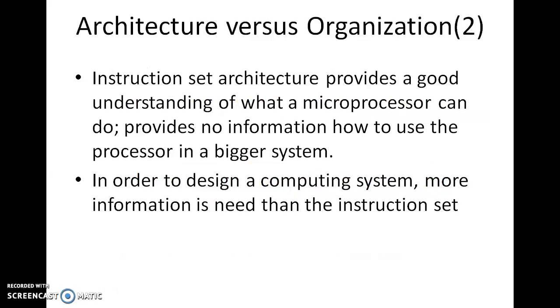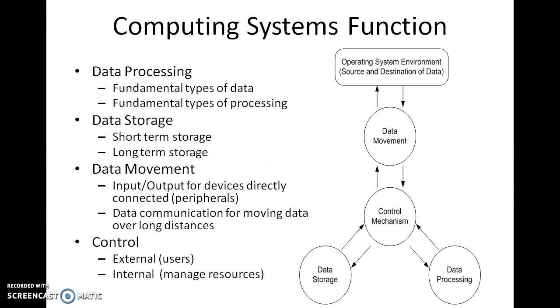Instruction set architecture provides a good idea of what a microprocessor can do, but provides no information on how to use the processor in a bigger system, like how much RAM you should use. That's an organizational issue. Your microprocessor can work with 4 GB, 64 GB or anything. But whether your requirement is 4 GB or 64 GB is decided by the organization.